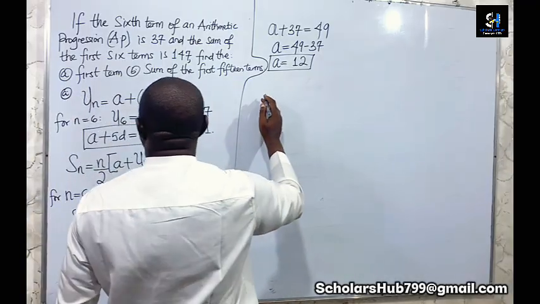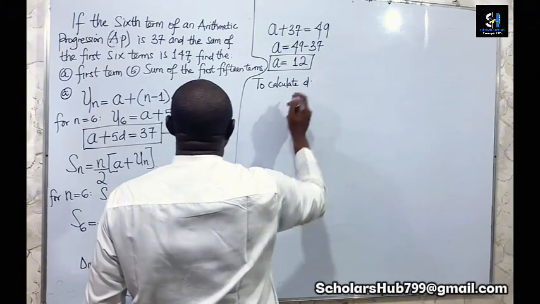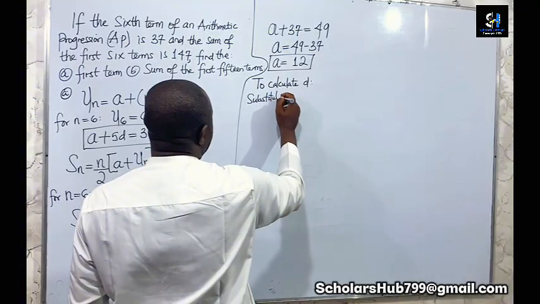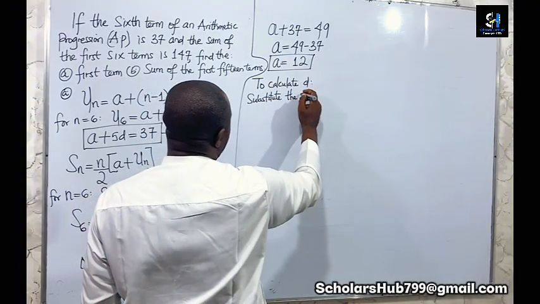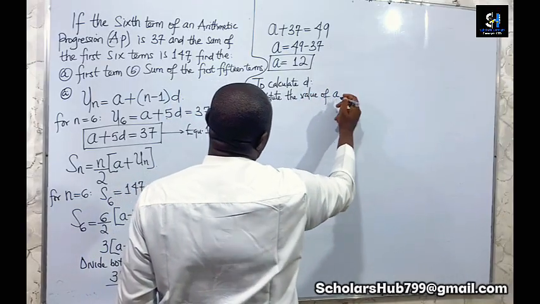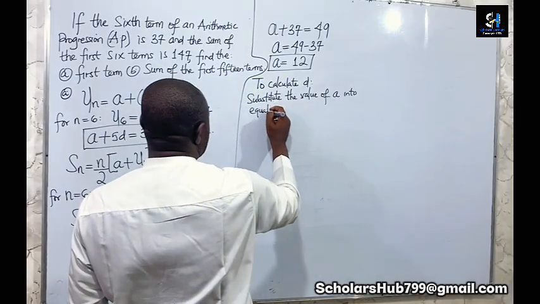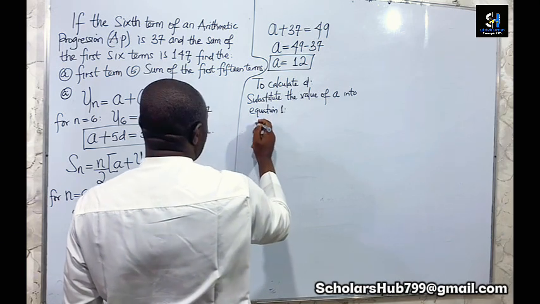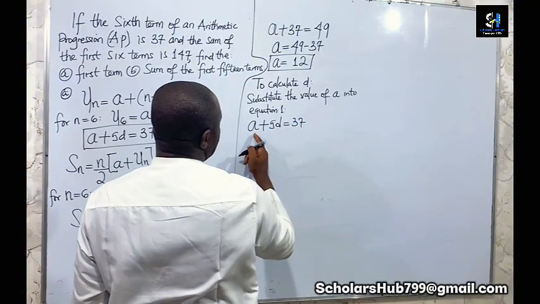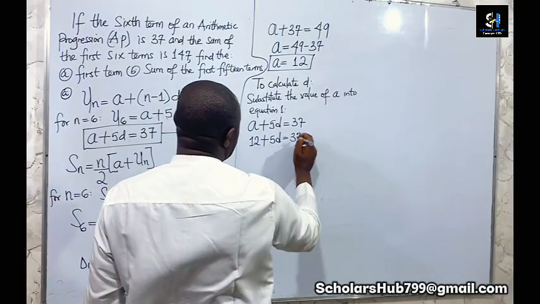To calculate d, the common difference, substitute the value of a, that is the first term, into equation 1. Equation 1 is a plus 5d equals 37. So the value of a is 12, then plus 5d equals 37.